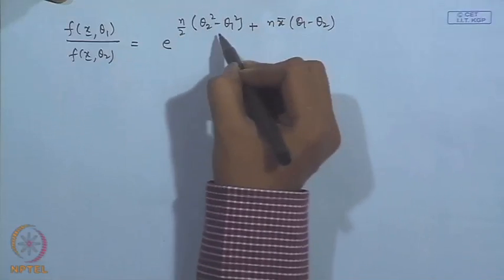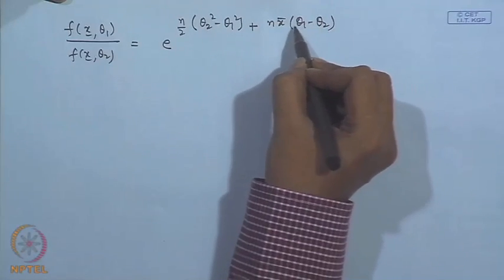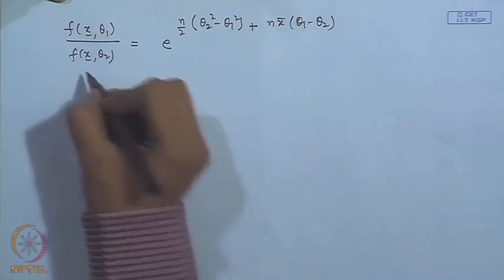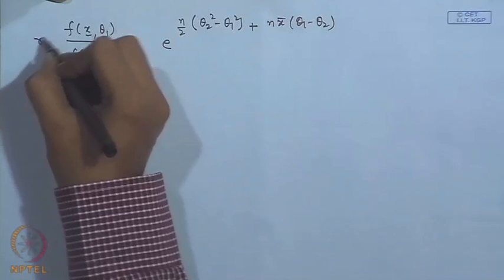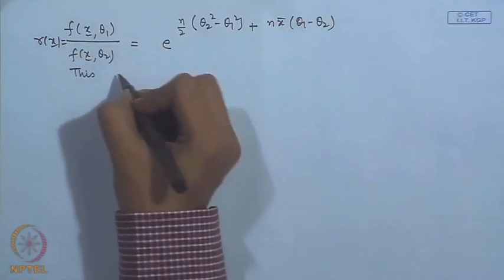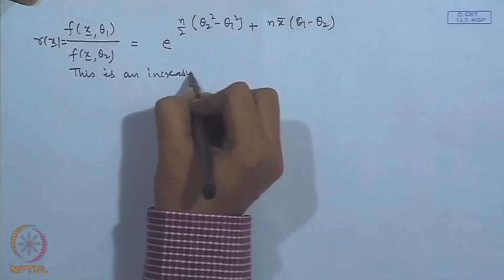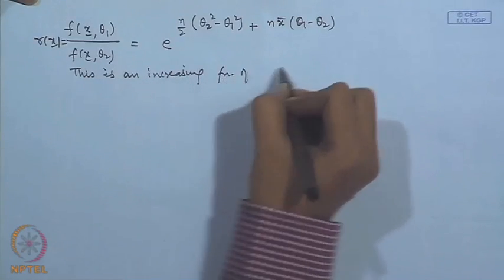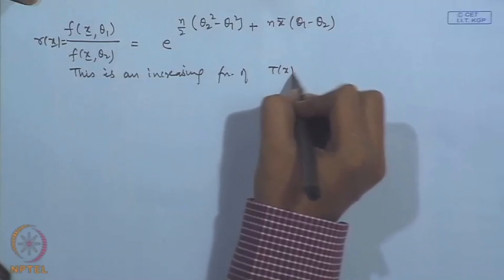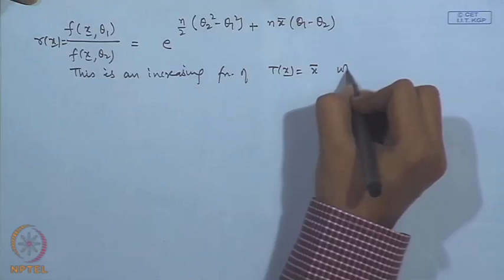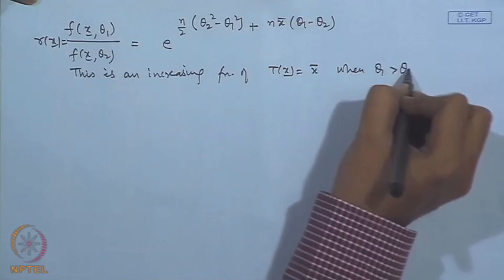Now, this is constant. For theta 1 greater than theta 2, this becomes an increasing function of x bar. So, this ratio is an increasing function of T(x) equal to x bar when theta 1 is greater than theta 2.